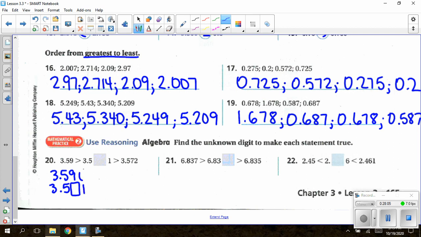So that means I want to put a 0 in the thousandths place on my top number. And then finally, I would have my 3 and 572 thousandths. Notice they are using greater than symbols.